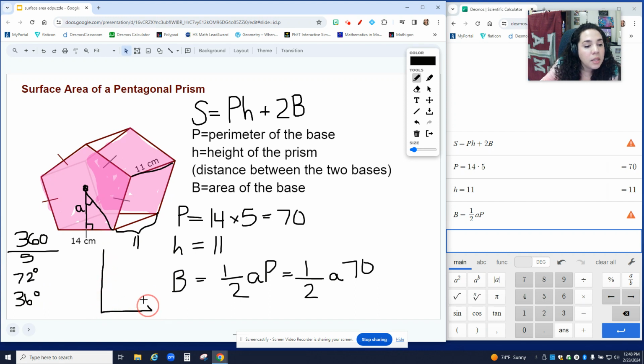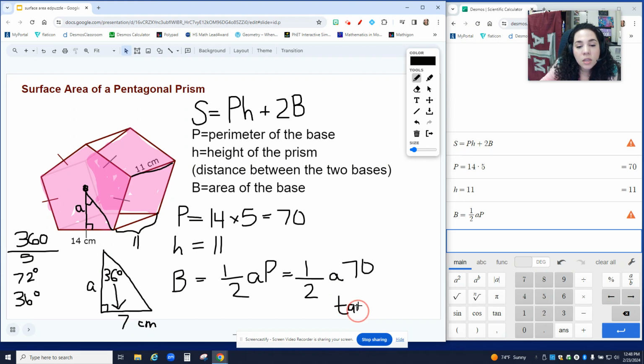And when you bisect to create that right triangle, instead of using 14 centimeters, we're now using 7 centimeters because we're bisecting that side. So this is 36 degrees. We want to solve for the apothem, very similar to what we were doing on that last slide. We're using tangent because 7 represents the opposite side, A represents the adjacent side.